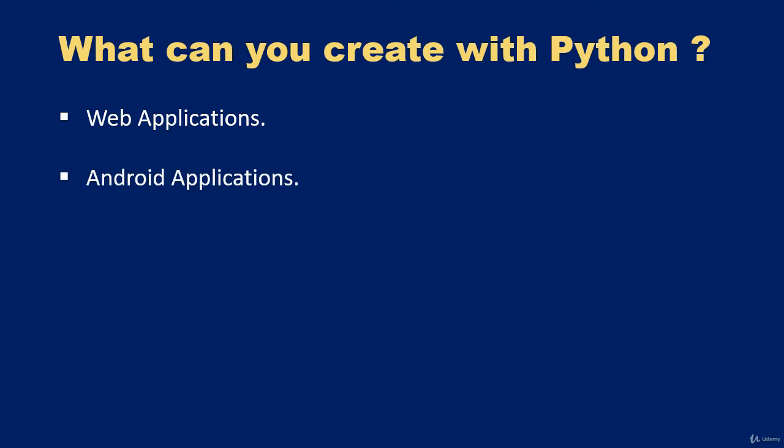These are applications that run on Android devices like Android phones and tablets. Games. You can create various types of games with Python. Scientific applications. You can create various types of scientific applications with Python.